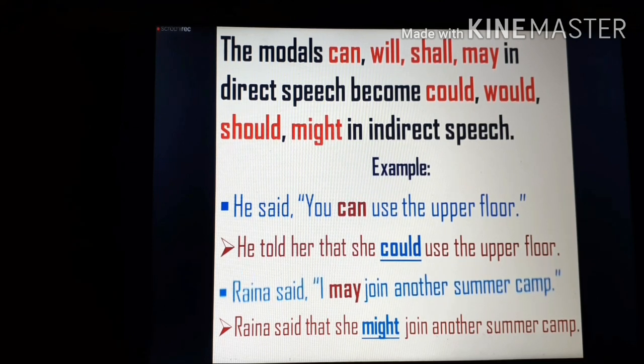Second sentence, Raina said, I may join another summer camp. In indirect speech, Raina said that she might join another summer camp. Here, can is changed to could and may is changed to might.